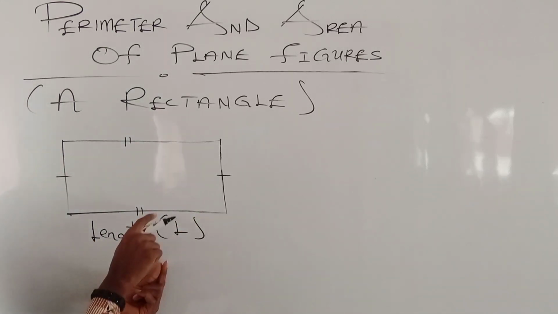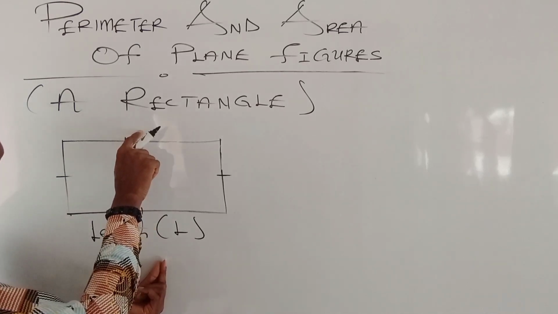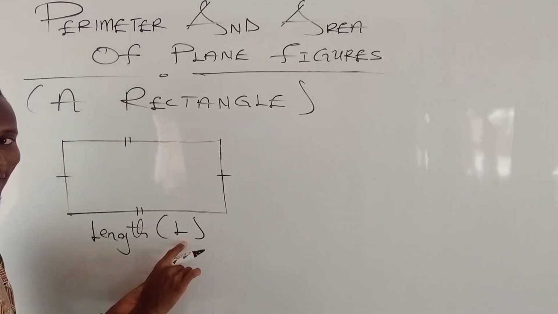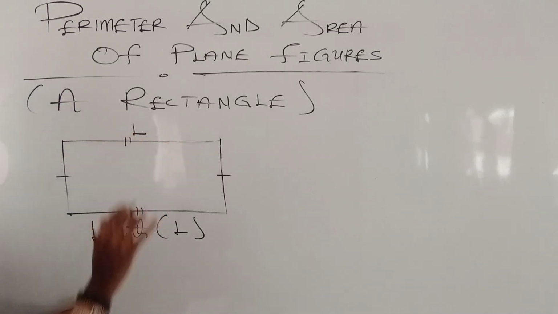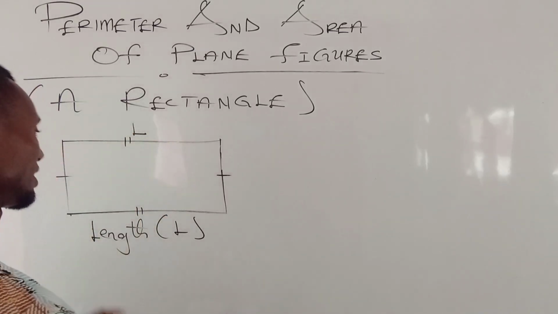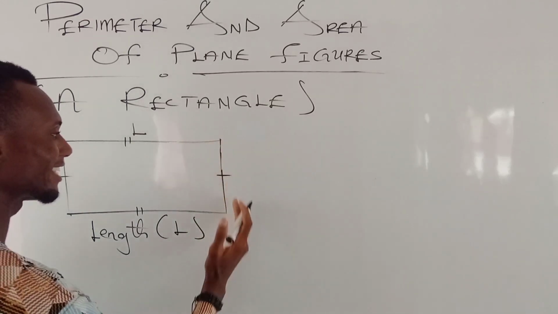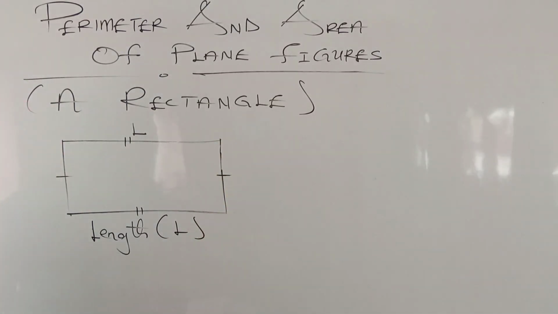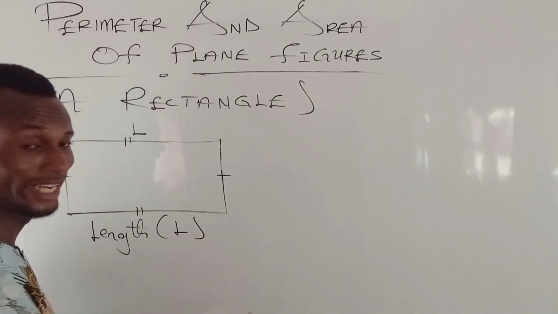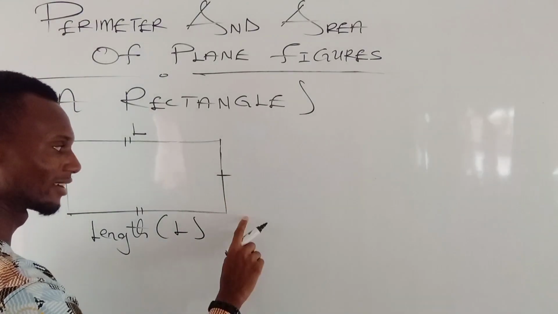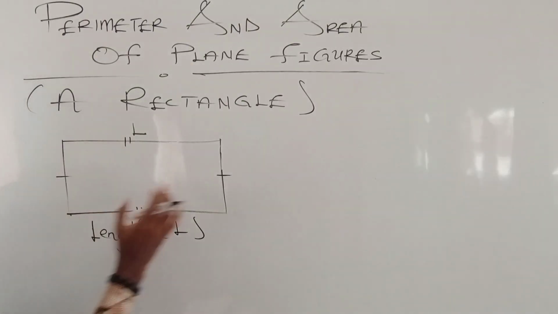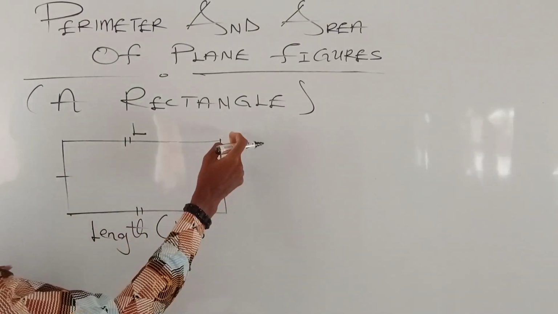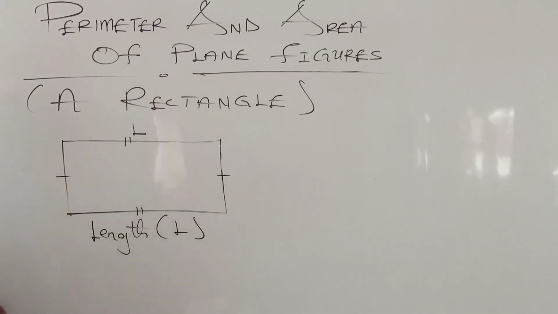Having this side be the same as this side, it means that when here is length, here will also be length. So I can also put L here. I hope you agree with me. Now, this side of the rectangle is referred to as the weight. The same way here is also the weight, because two opposite sides are equal. If here is the weight, here will also be the weight.